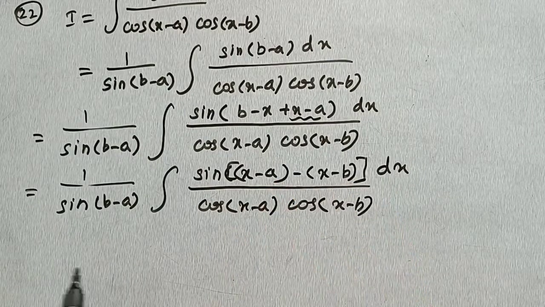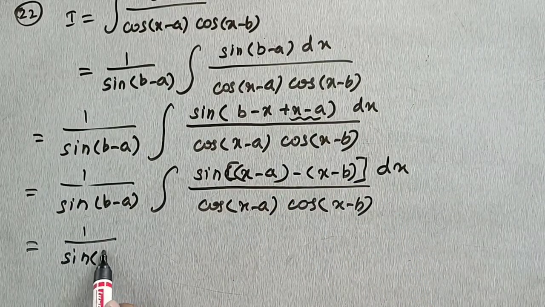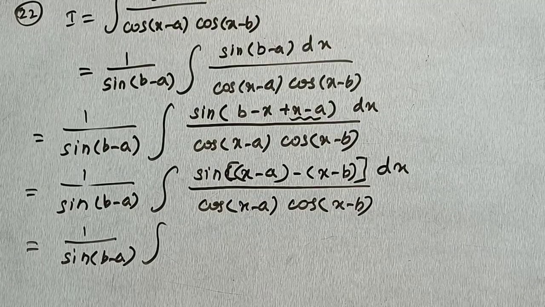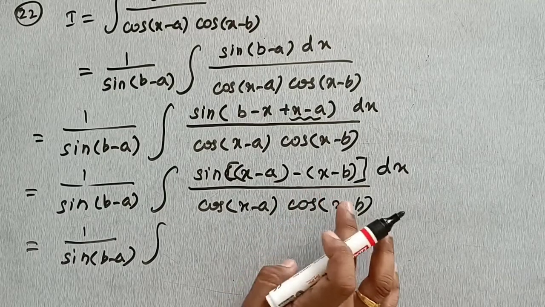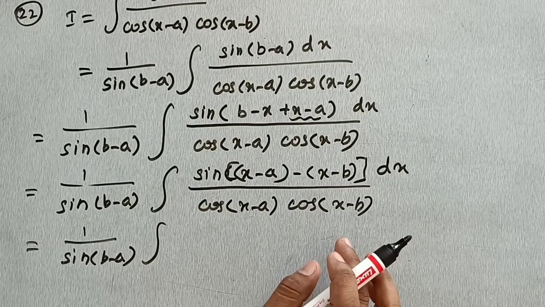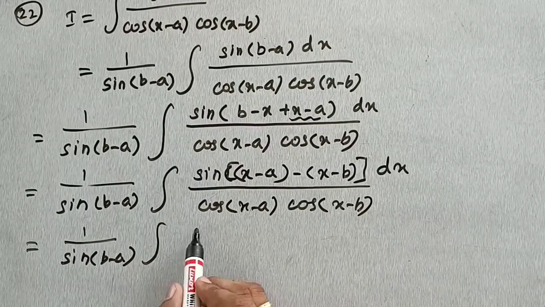Now for the numerator I can use the formula for sin of a minus b. What is the formula? Sin of a minus b equals sin a cos b minus cos a sin b.